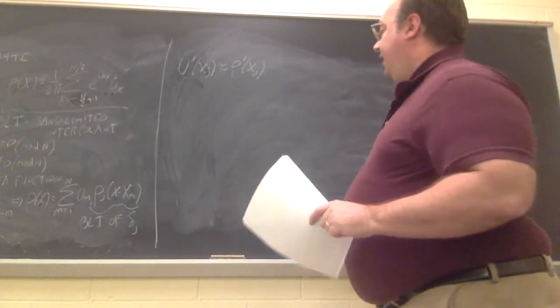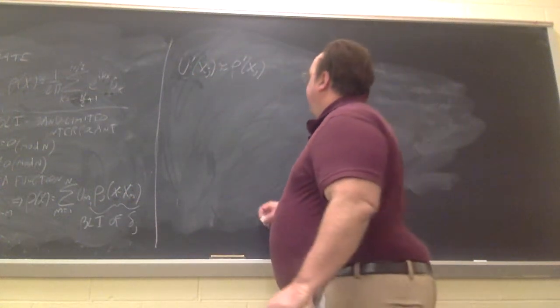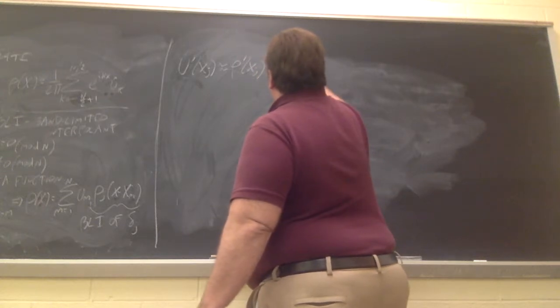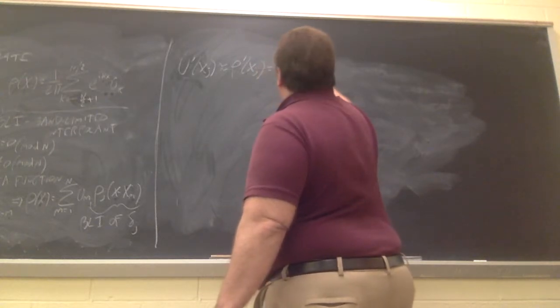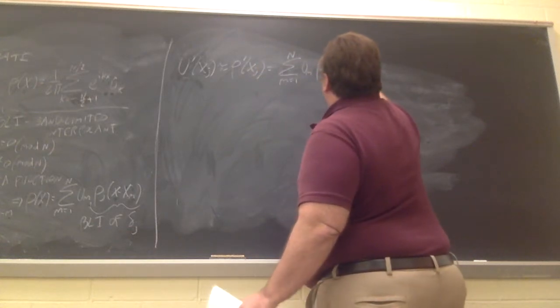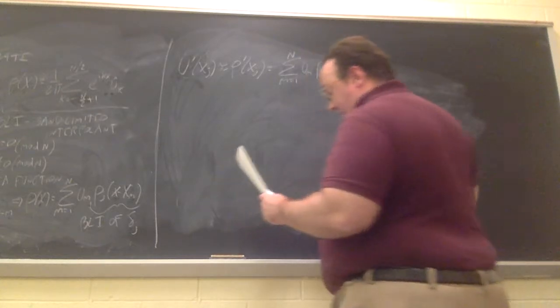And for that, I'm going to take a derivative of this and plug in xj. So I have um, and I have pj prime of xj minus xn.